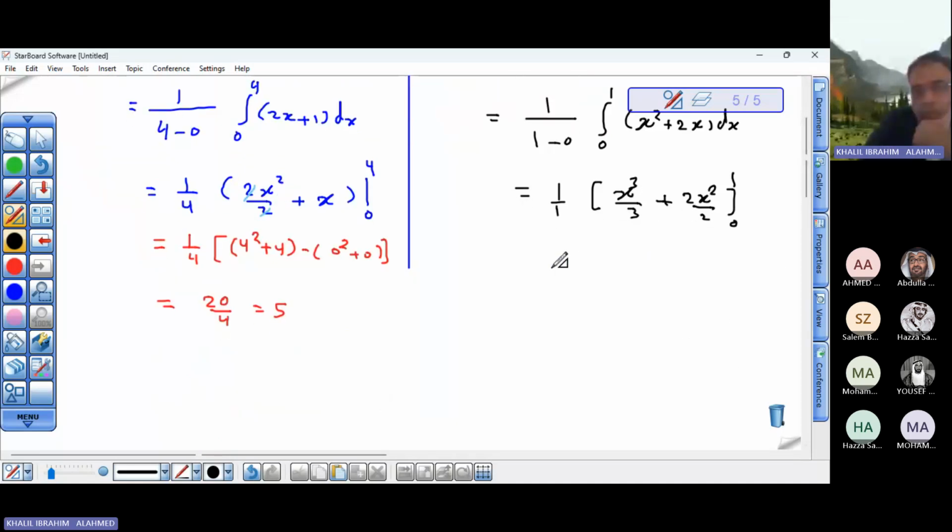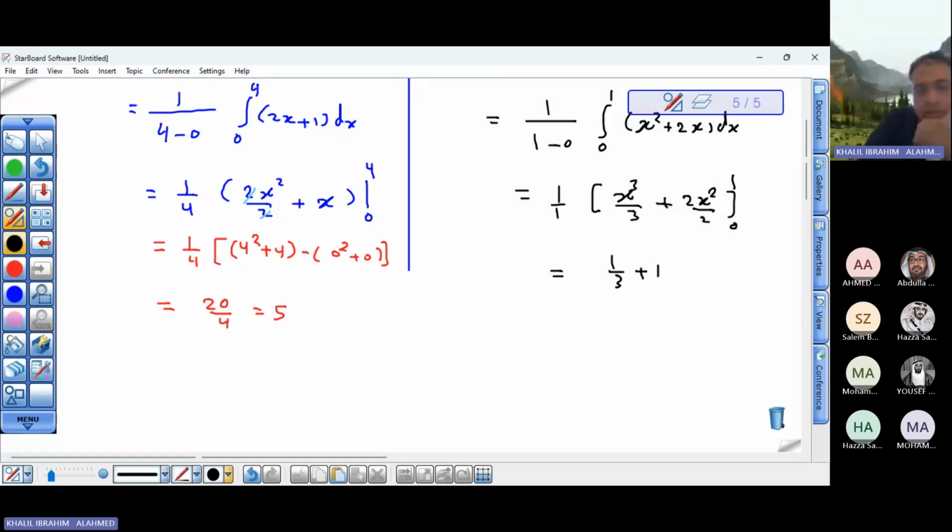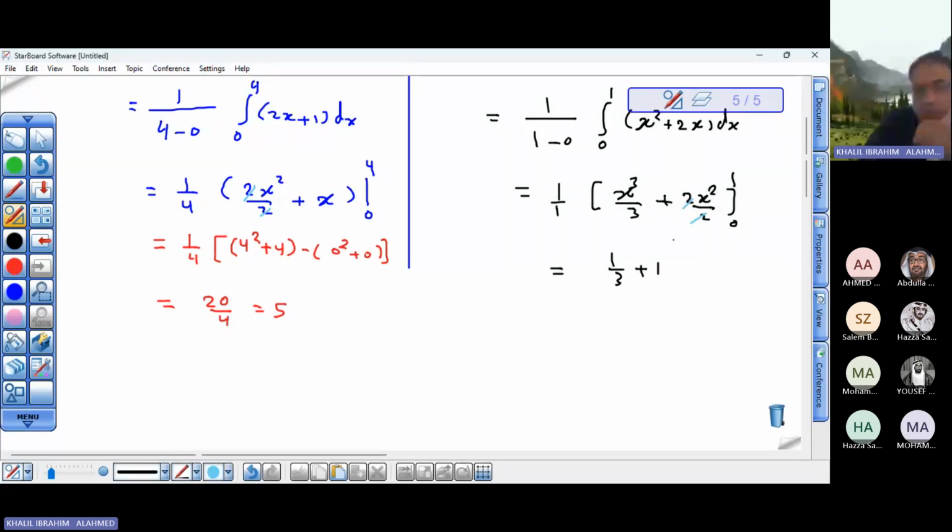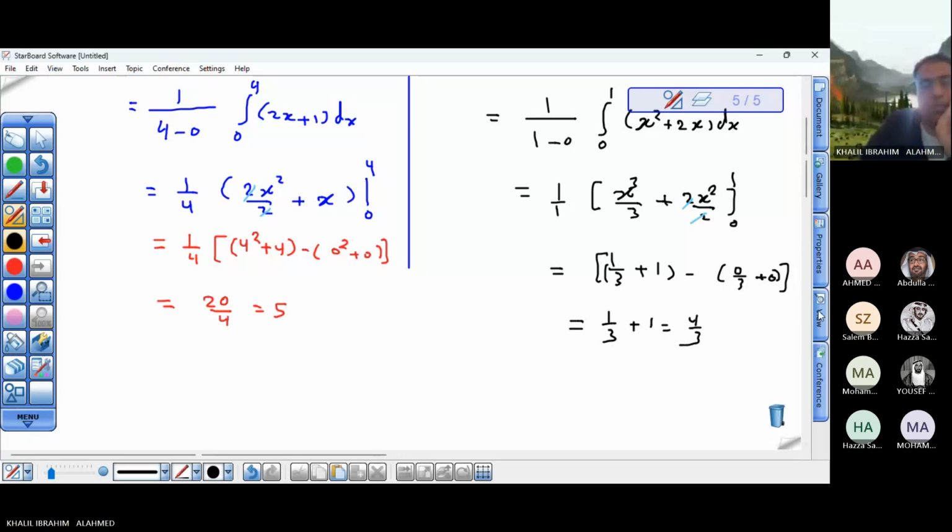Just substitute in the upper: 1 over 3 plus 1, because here there is cancellation, 2 with 2. Minus 0 over 3 plus 0, this is 0. Final answer 1 over 3 plus 1, which equals 4 over 3. That's it. It's easy.